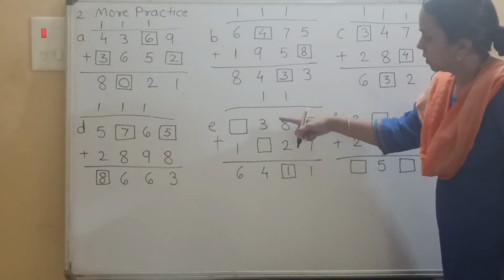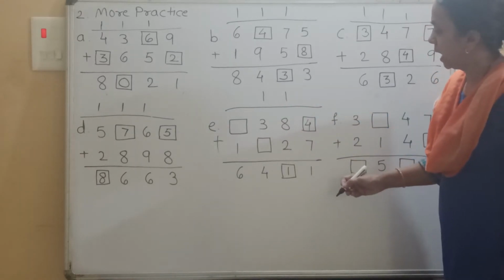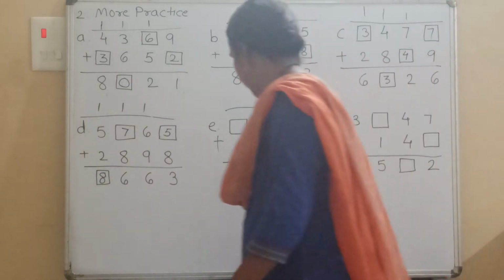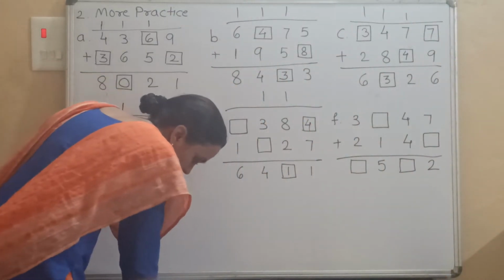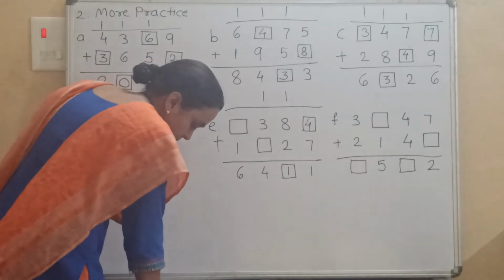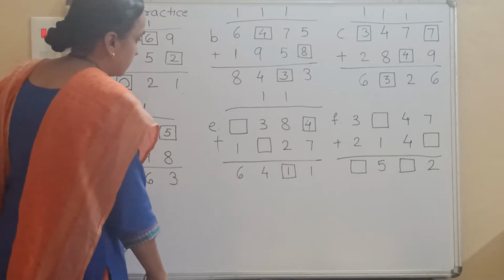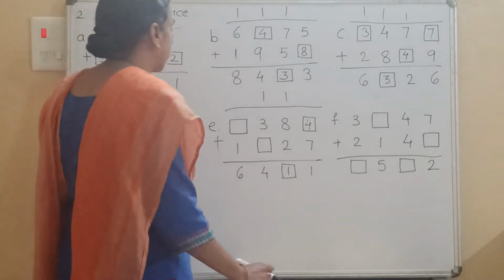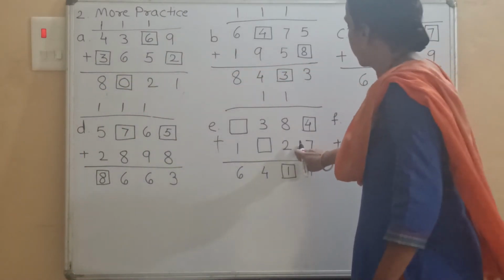Okay, so 3 plus 1, 4. So here which number do we have to add to get this answer? Let me check the equation. Yes, it is correct.